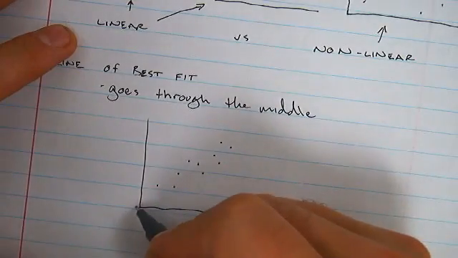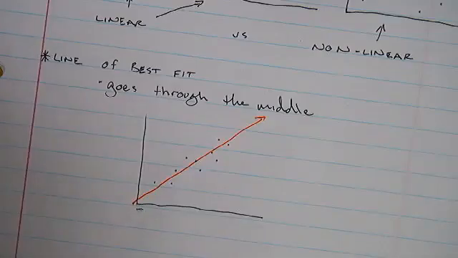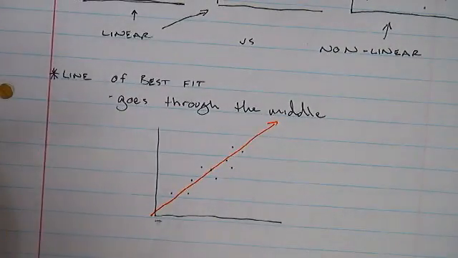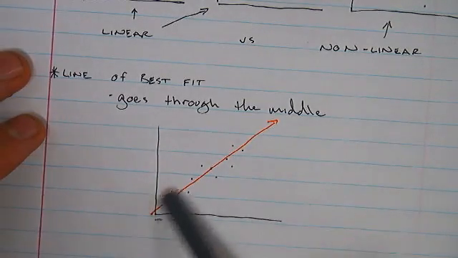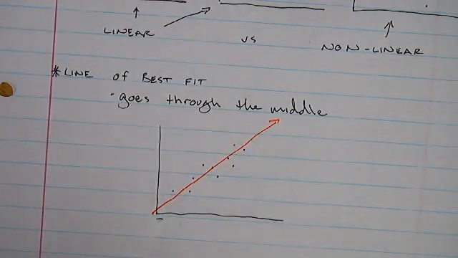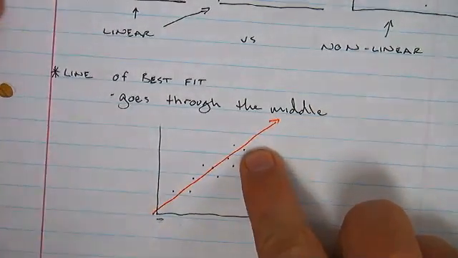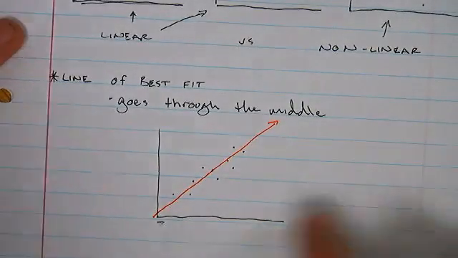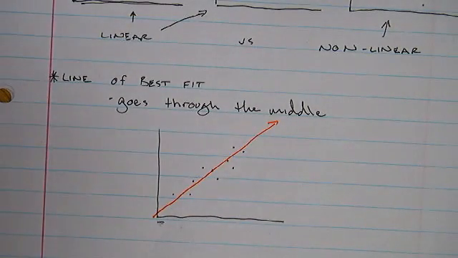As we draw that line, we want it to cut right through the middle, where there's some on top, some on the bottom. You don't connect two dots. It needs to follow the trend. You don't just connect the first and last dots. That would give it a bad trajectory. That would have it going this way. We want it to go straight through the middle and follow the trend.